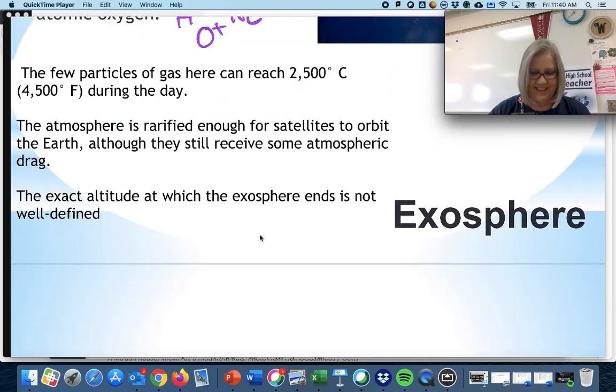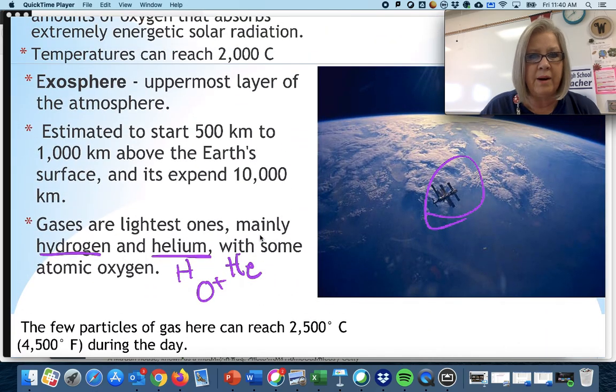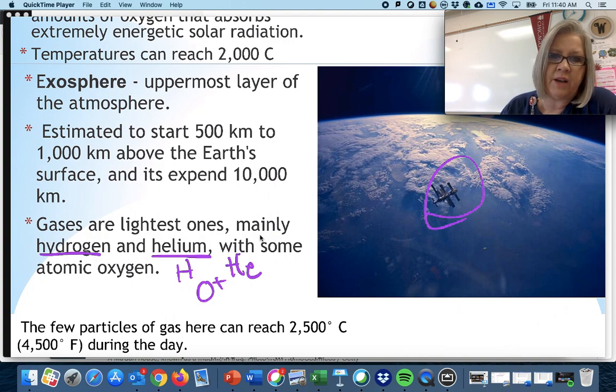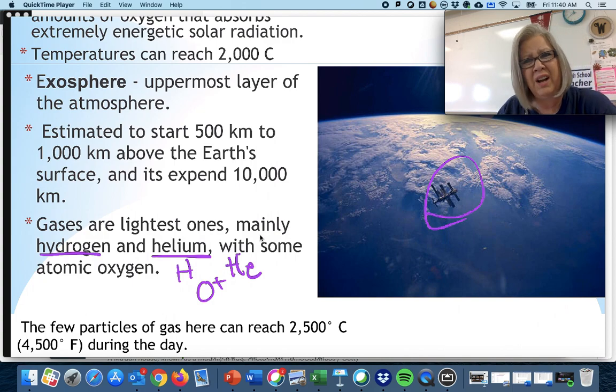Now we do have a little bit of an environmental concern, and that's because we've sent so much stuff up there that we have a lot of space junk floating around. This is a concern because even the smallest thing, like a grain of sand, is traveling at extremely high speed.